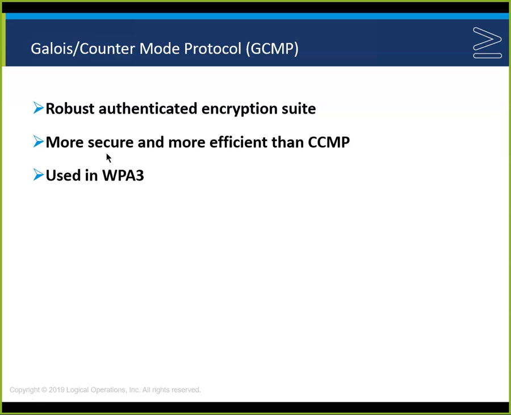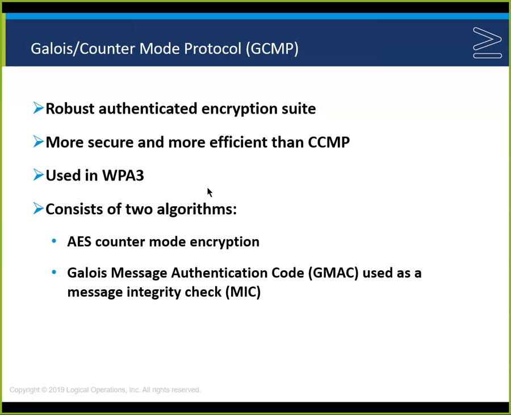It's more secure and more efficient than the CCMP, which is part of WPA2. WPA3 uses two algorithms: AES, the Advanced Encryption Standard in Counter Mode encryption, and then the Galois Message Authentication Code, used as a message integrity check. A message integrity check, again, think hash when you see that.